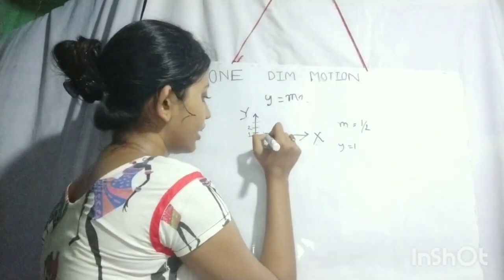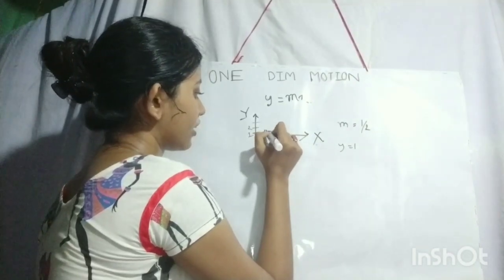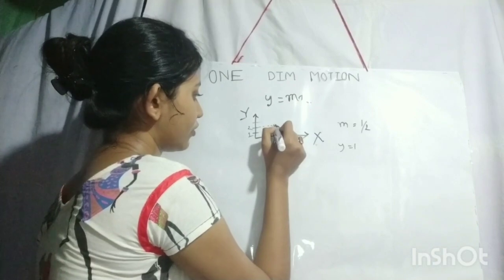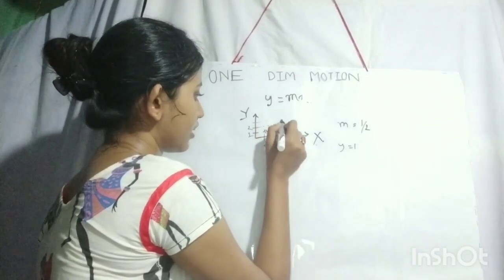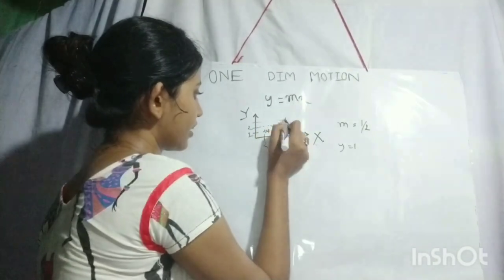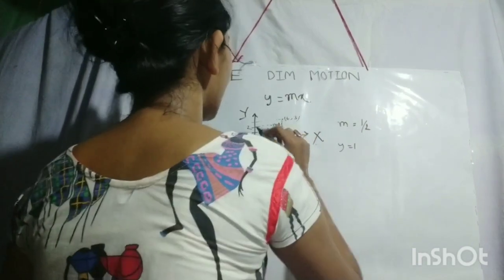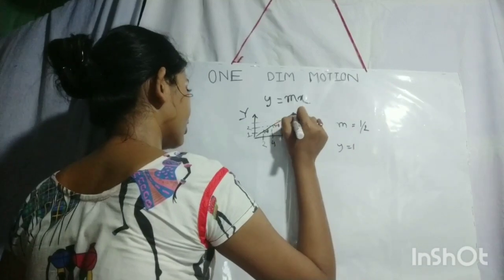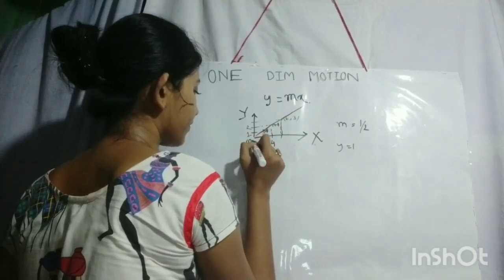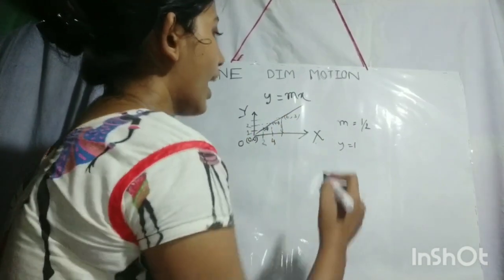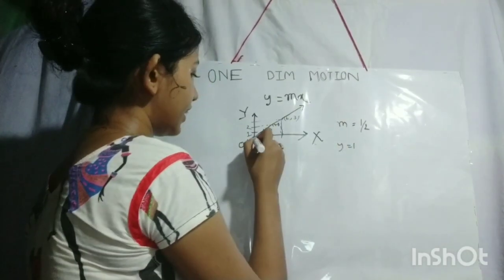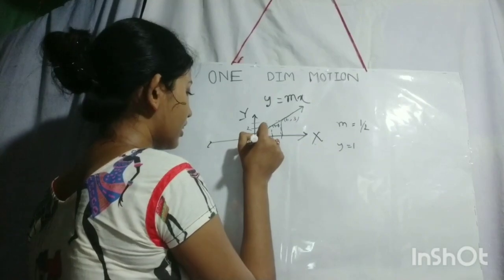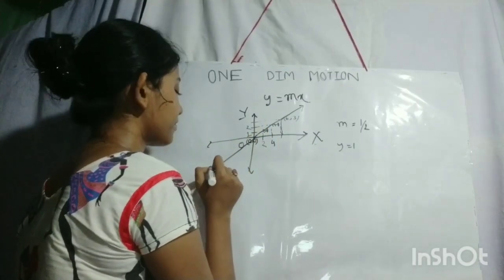So I have the point here 2, 1. I point here 4, 2, then 6, 3, and so on. So if I join all these points and x equals 0, y equals 0, then I have the straight line. Similarly, in other coordinates, it will go here.